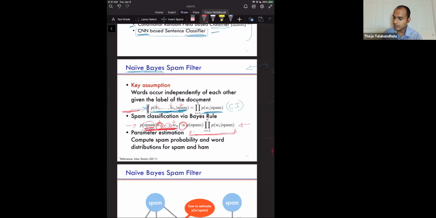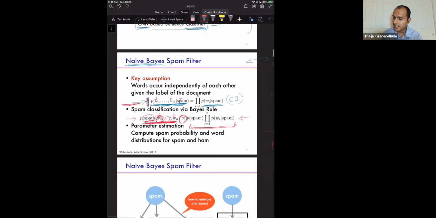So the bottom line is that if you want to classify a new email as spam or not, we'll have to compute the right-hand side for two cases. By assuming that it is spam, what is the score? The right-hand side will evaluate to some number.